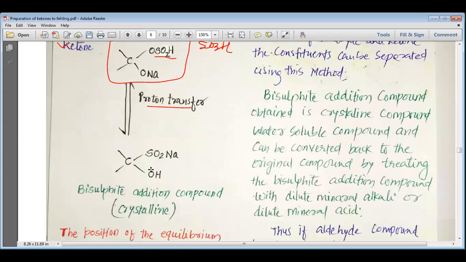We have a hydroxyl group bonded to the carbon and an SO3Na group bonded to the same carbon, and this is how the bisulfite product is produced. If we want to write SO2 here, then we should write O here. So we can write OSO2Na or SO3Na, whatever it is. This bisulfite addition compound is a crystalline compound, and as it is a crystalline compound, it must be water soluble.